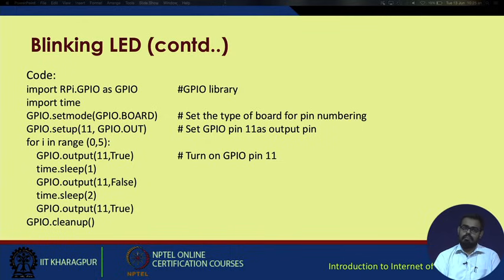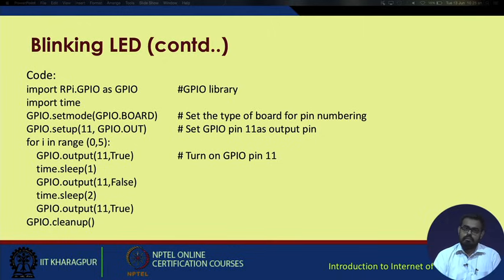So we use time.sleep. Third line is GPIO.setmode. So we put GPIO.BOARD. So there are two options. You can use it as a board mode, and there's another option which we are not going to use now.